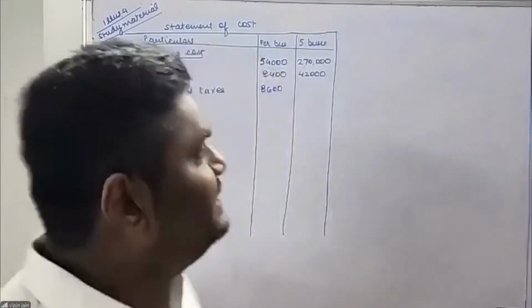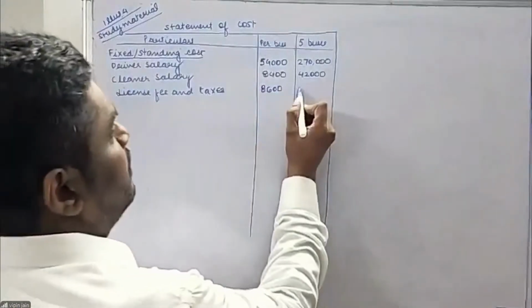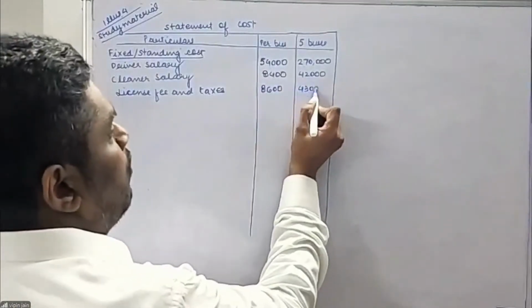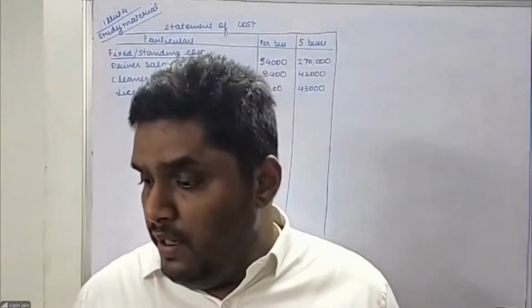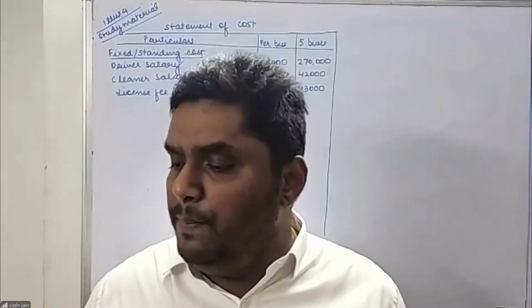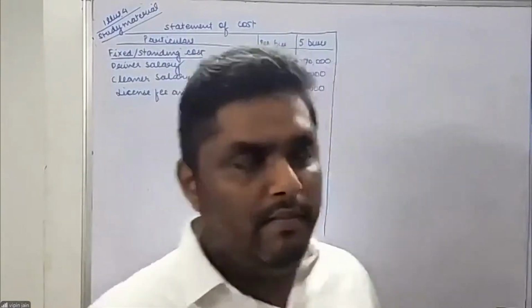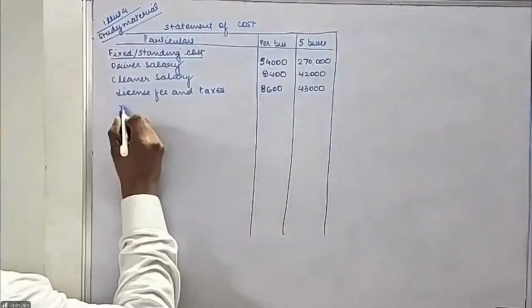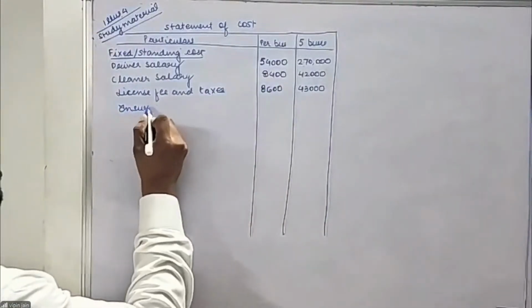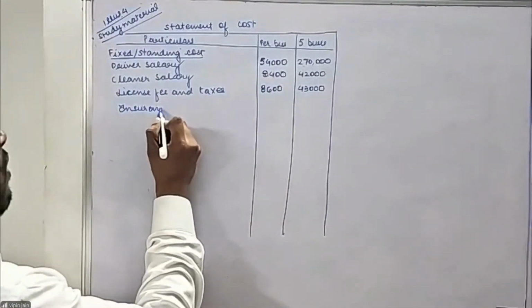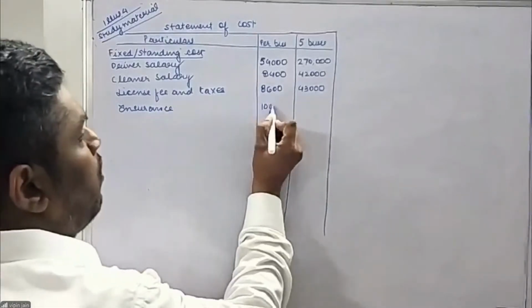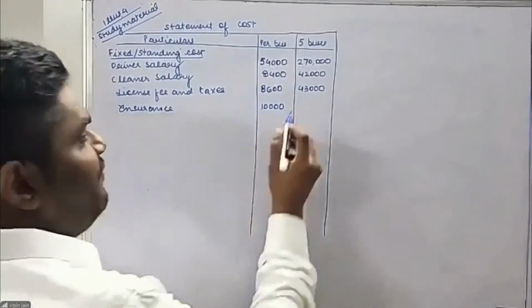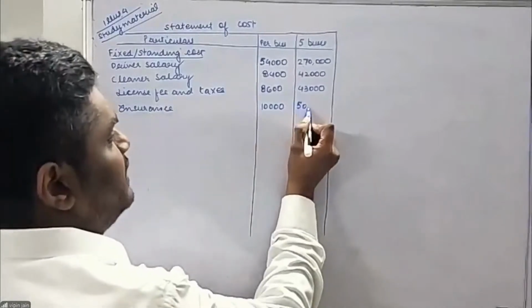So for 5 buses, it will be 43,000. Insurance is 10,000 per bus per annum. So for 5 buses, it will be 50,000.